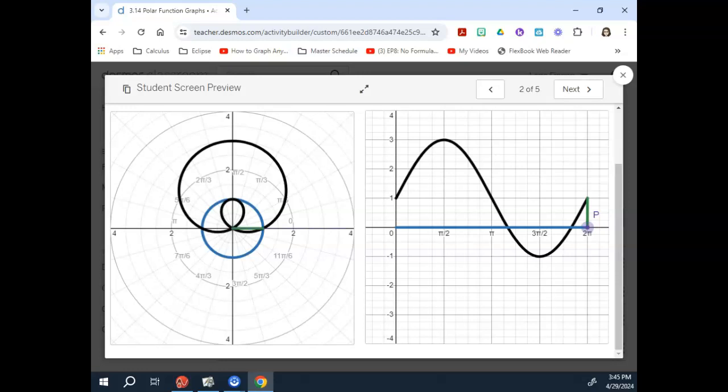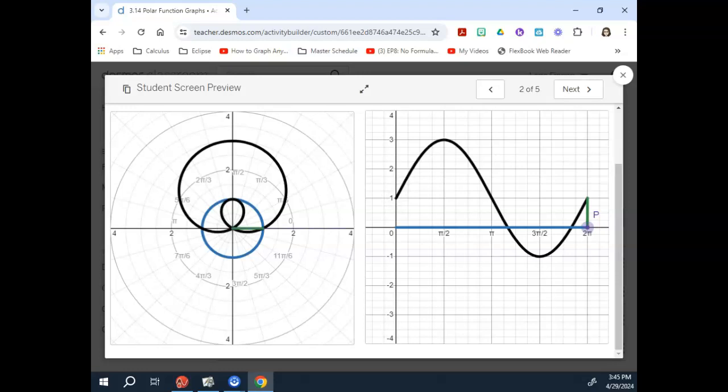On the polar side, you are not necessarily well-versed enough in polar functions to know where it starts getting graphed. But here, I'm starting at 0 and going to 2 pi, and I can tell you just by looking that from here to here, my distance from the graph to the x-axis is getting bigger.